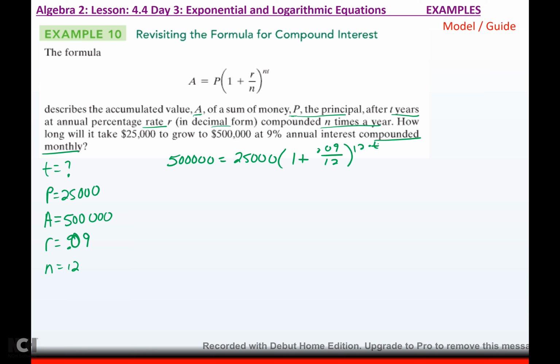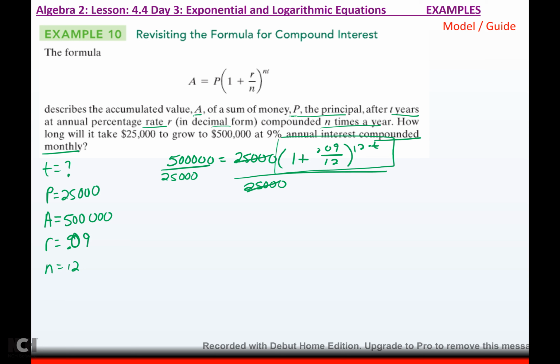So I can already tell that the variable I'm trying to solve for is in the air, which means I've got to get it down, which means I've got to get the base alone. So the first thing I'm going to do is divide by 25,000. Alright, those are gone.